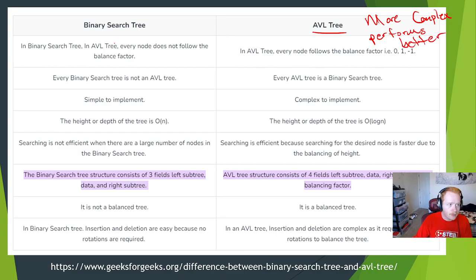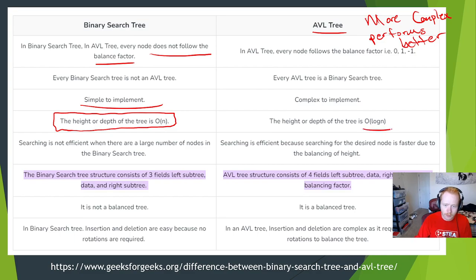Looking at the left side, in a standard binary search tree, we do not follow the balance factor. It's simple to implement. The height or depth can be big O of n in the worst case compared to big O log of n. Searching sucks in case it's imbalanced versus searching is efficient.